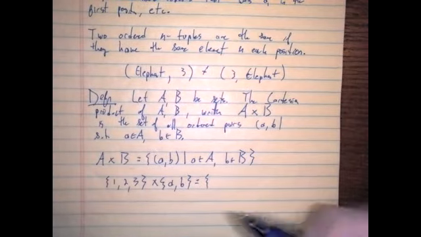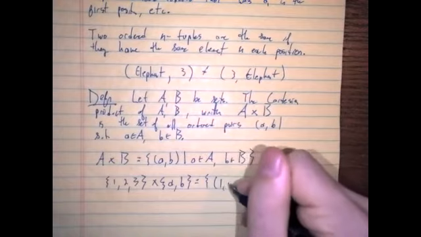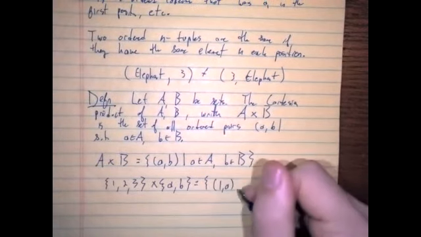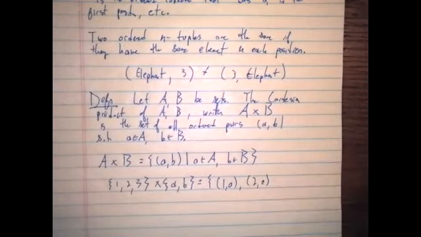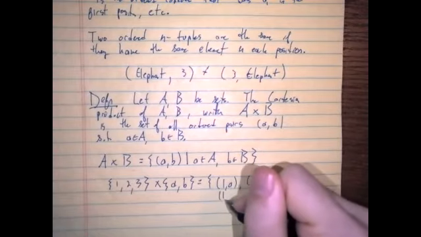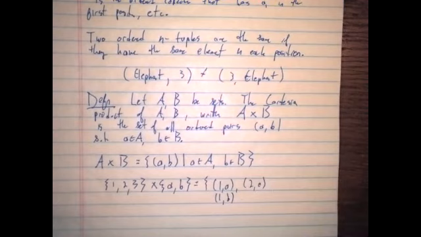Yeah, 1A is a perfectly good element. 1A is in here. What's another one? Yeah, 2A. What's another one? Yeah, 1B. That's good. What else? I'm going to make y'all list all of them.